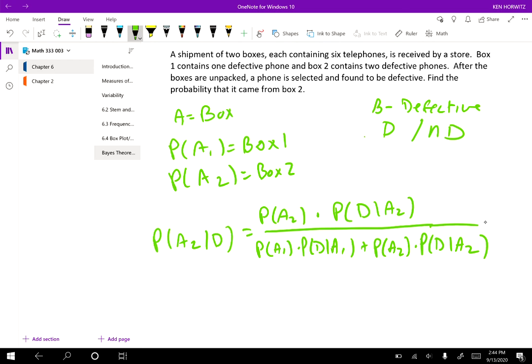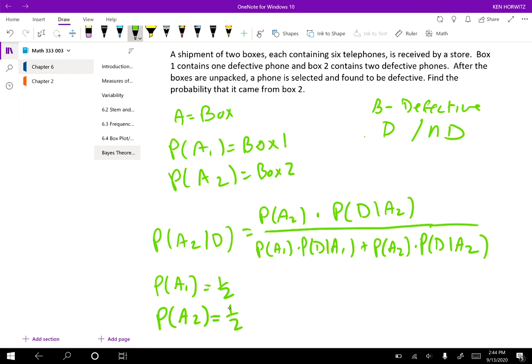All right, so looking back at the problem, we have 2 boxes, right? So the probability that we came from box 1 is going to be 1/2. The probability that we came from box 2 without any additional information is also going to be 1/2.